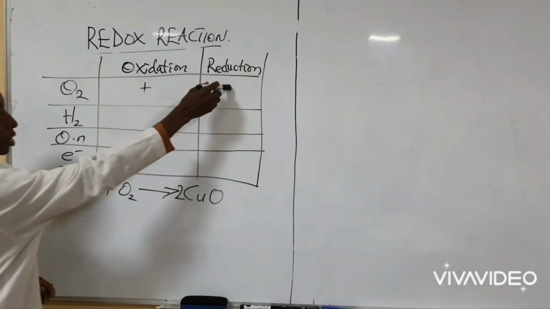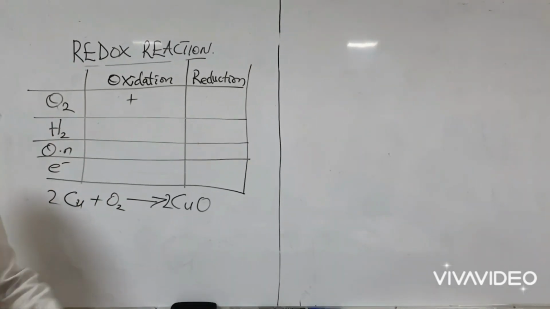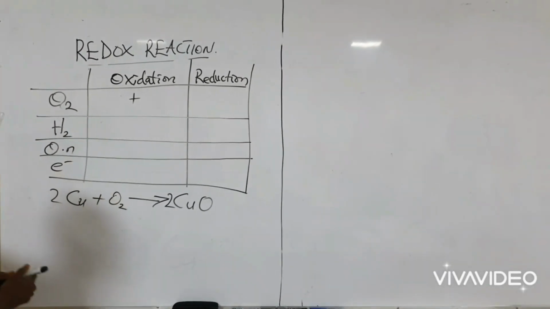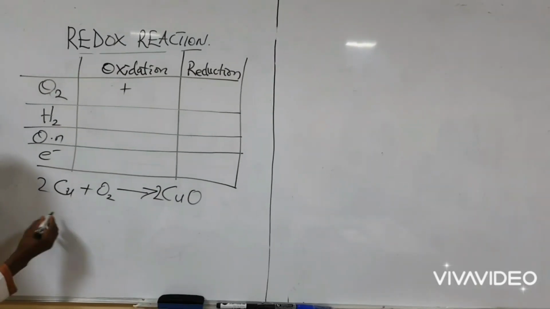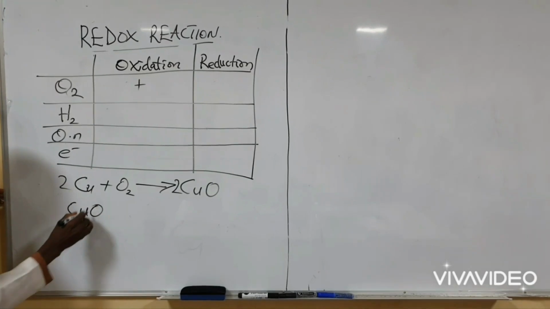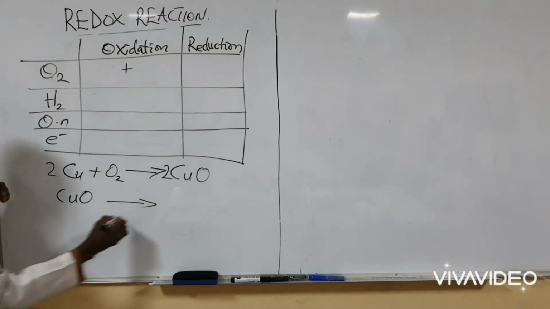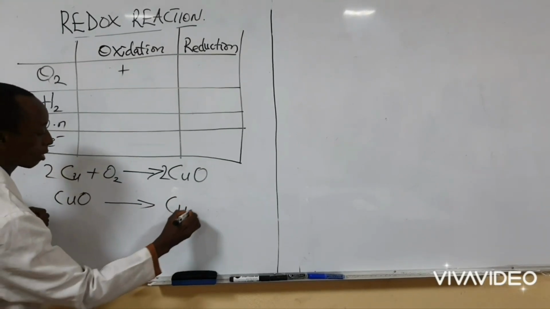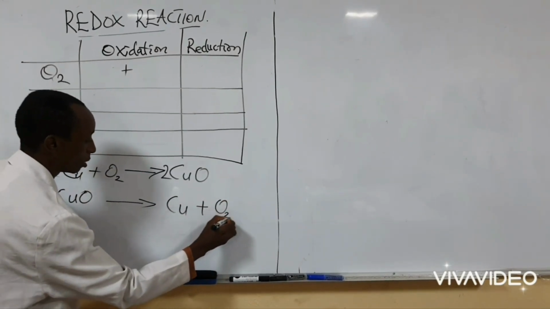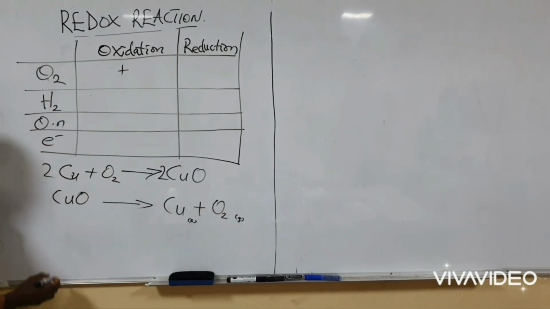As well, what is reduction? Reduction is the removal of oxygen from a substance. With the same compound, if you have copper(II) oxide, you remove oxygen from that to form copper in solid state and oxygen in gaseous state.